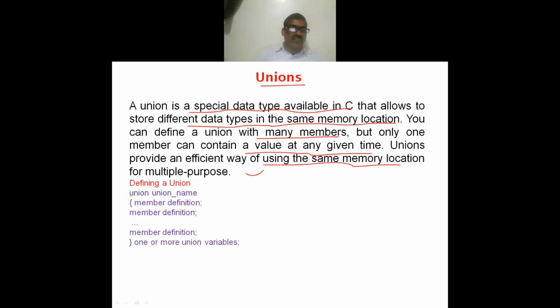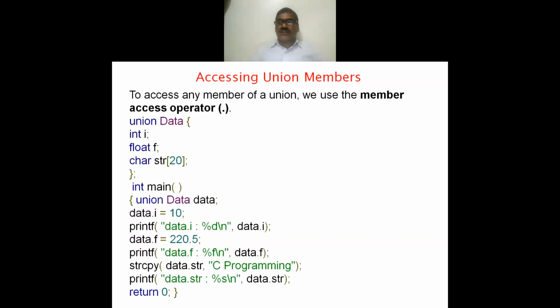The syntax for defining a union: we make use of the union keyword, then the union name or union tag, and then member definitions similar to the structure, then one or more union variables you can declare. So this is the union declaration, similar to the structure syntax; just in place of the struct keyword, we use the union keyword.